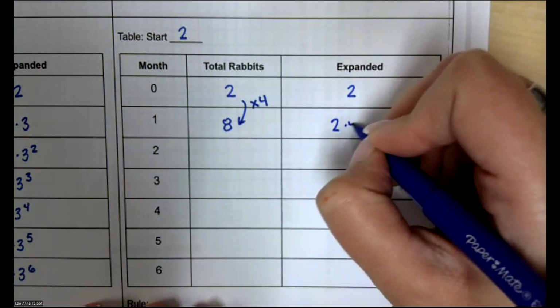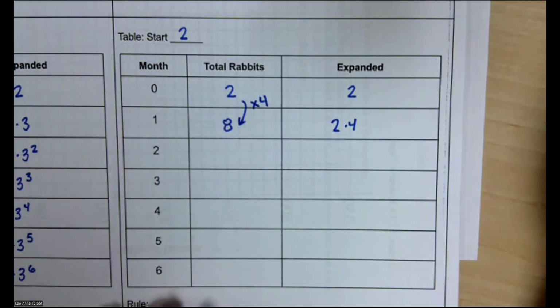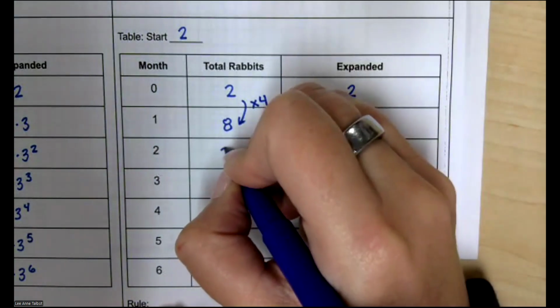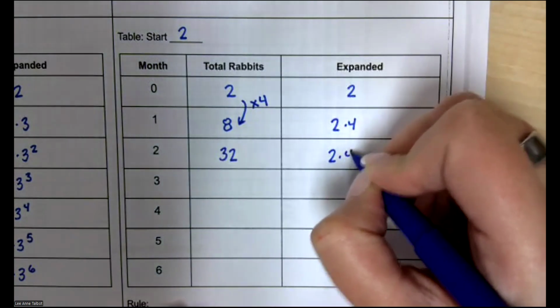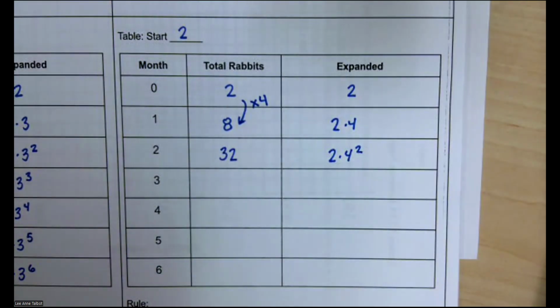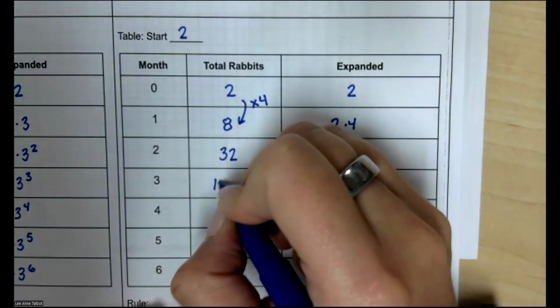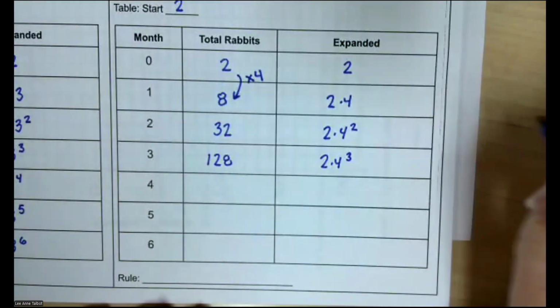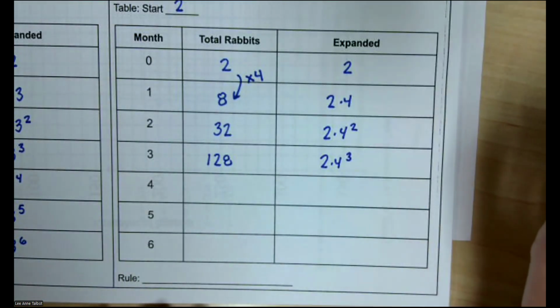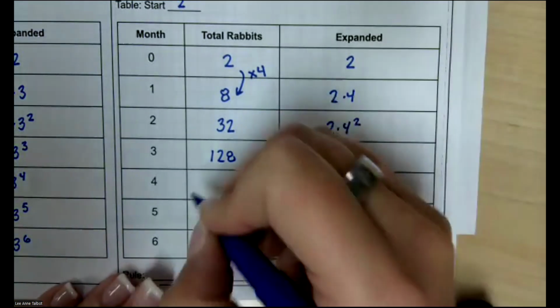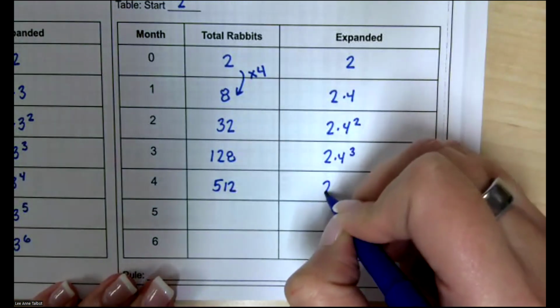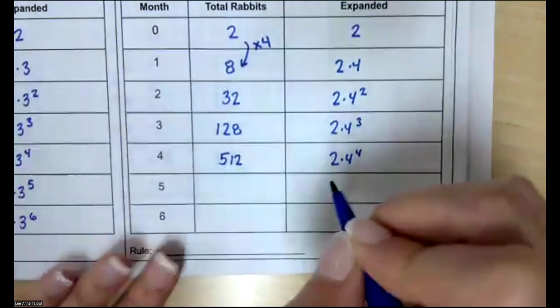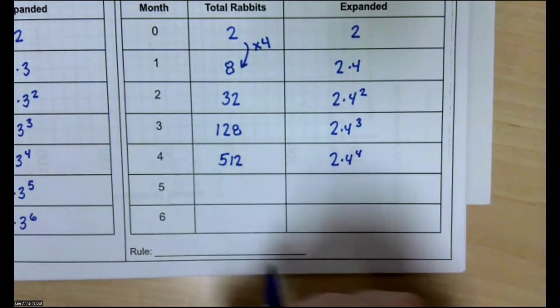Okay. 8 times 4 is, nice, 32. 32 times 4, nice. 480 plus 32 is 512. Okay, so this would be 2000 plus 48.